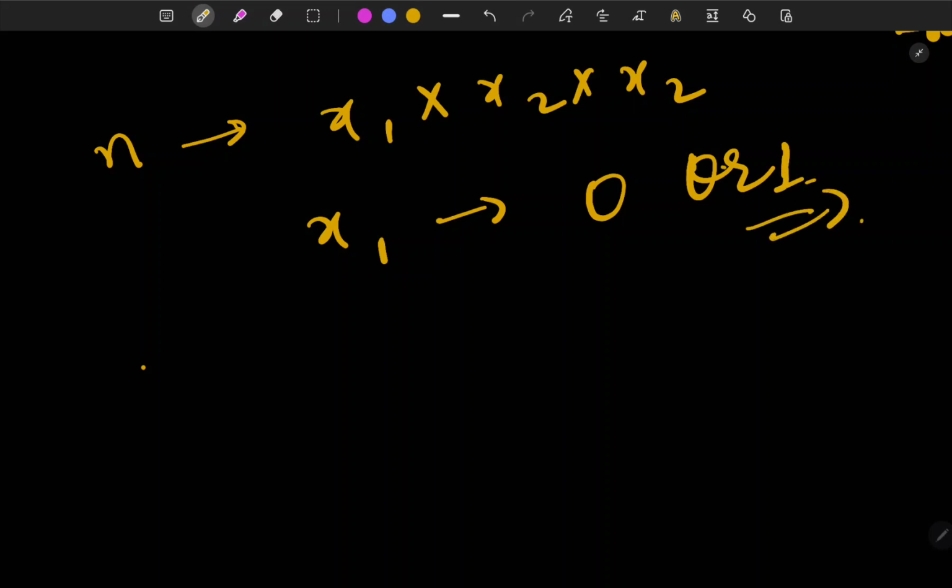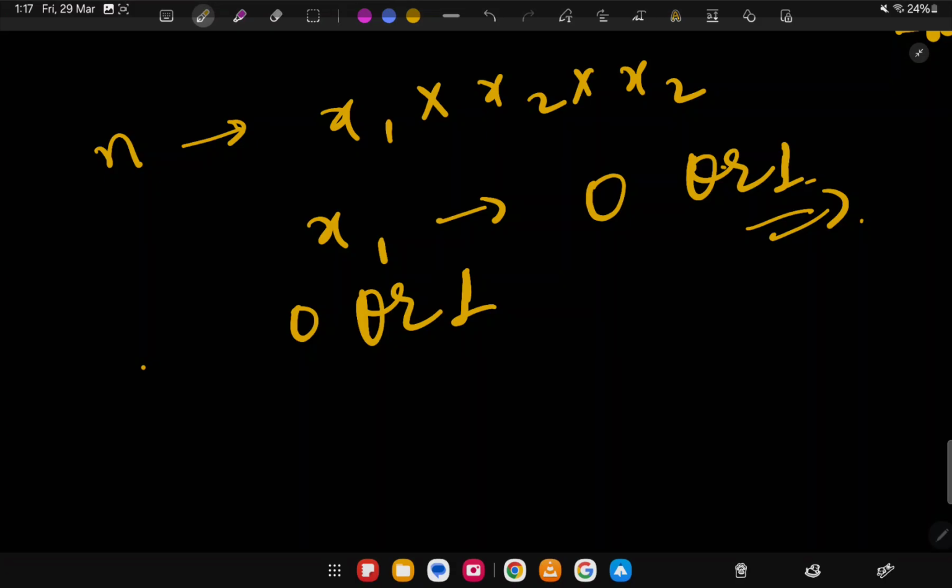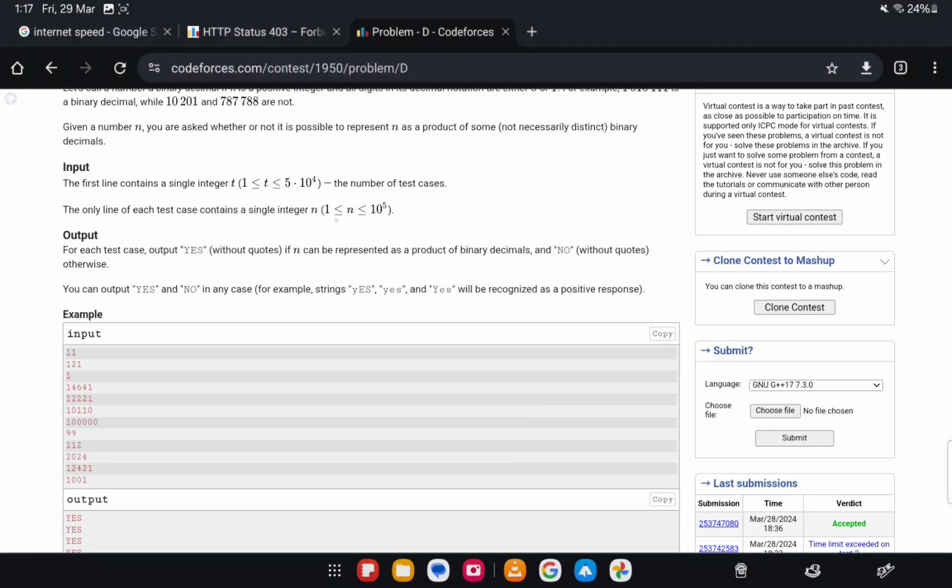So what will you do? You can think of a lot of things, like you can pre-compute all the numbers which consist of binary digits 0 or 1. Our constraint is that n can be from 1 to 10^5.